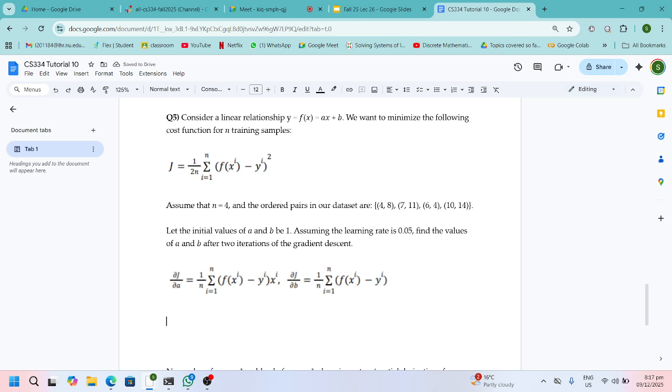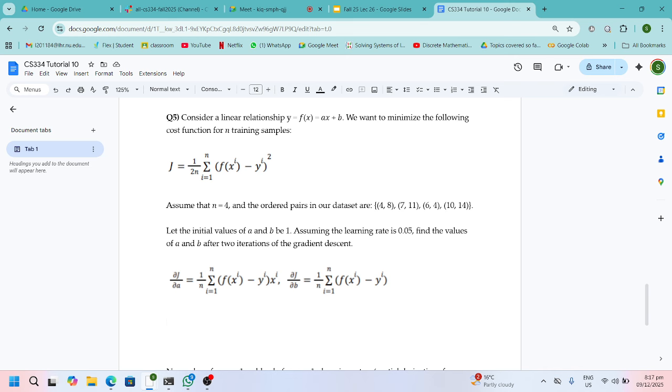Let's do it for the very first iteration, let's do it for a first. A के लिए you have 1 over n times sum of i till n f of xi minus yi multiplied by xi. So ये आप क्या कर रहे हैं? f of xi is the predicted output minus yi is the actual output multiplied by xi, which was the input जो आपको दी हुई थी.